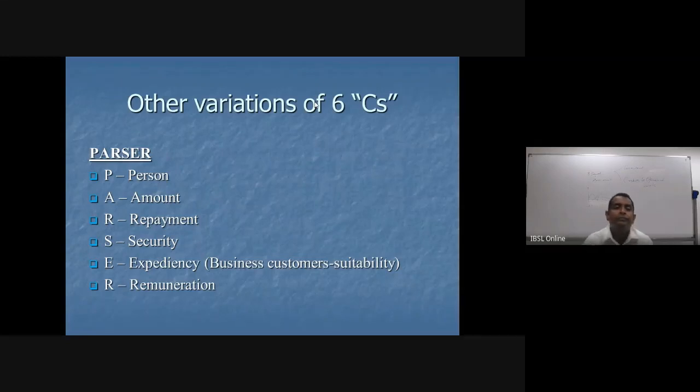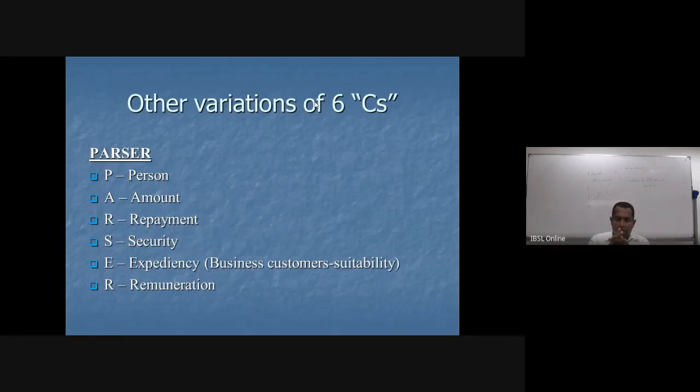Expediency, that is the experience and ability and those things, business customers, suitability, whether they have experience.